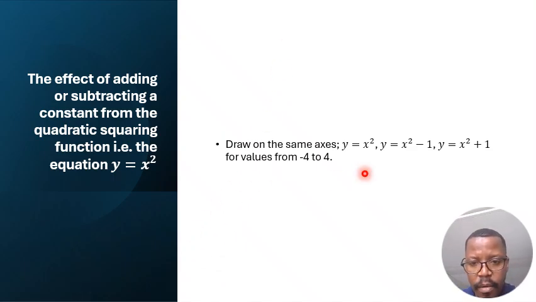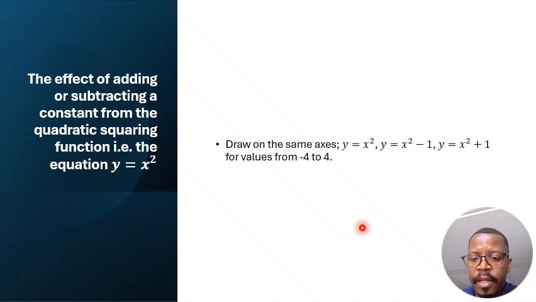So let's now draw these functions on the same graph and see how they behave. The whole idea is to see the characteristics of these graphs, when you add a constant, when you subtract a constant, what they look like, how they differ.